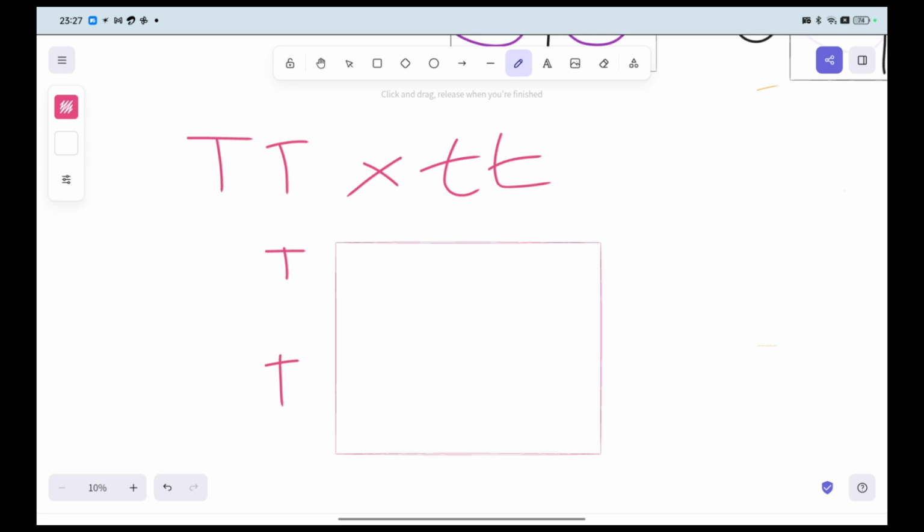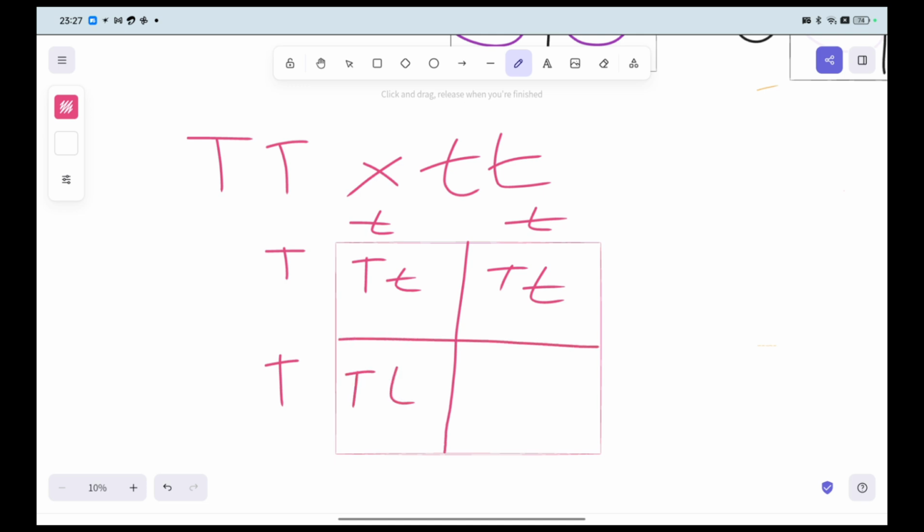The gametes that we get: the tall plant gives only capital T, whereas the dwarf plant gives only small t. So the F1 generation is capital T small t, that is heterozygous. We can see all tall plants there because T is dominant, and it shows the law of dominance.